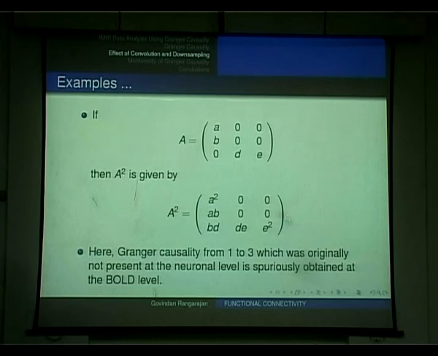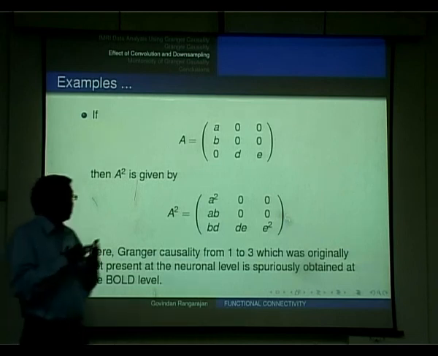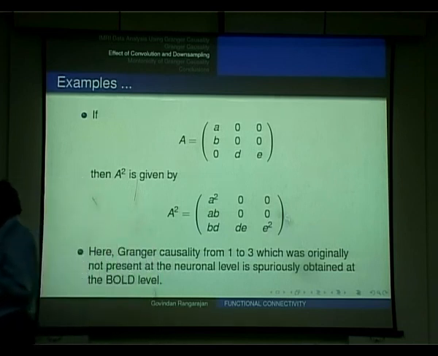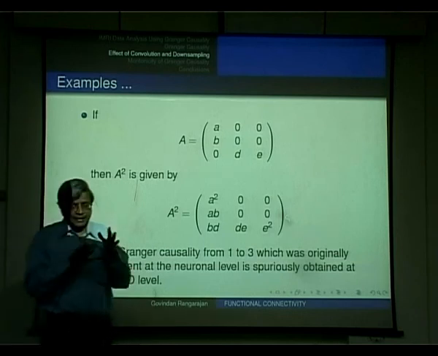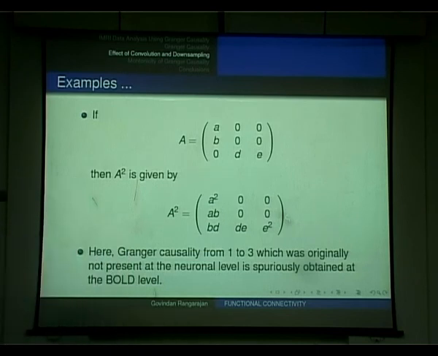So one has to be very careful in doing fMRI connectivity analysis because of all these spurious effects which can come from the severe downsampling that you do. But again, as I said, this whole analysis and all these concerns are valid only if you are trying to map the BOLD level signal to the neuronal level signal.